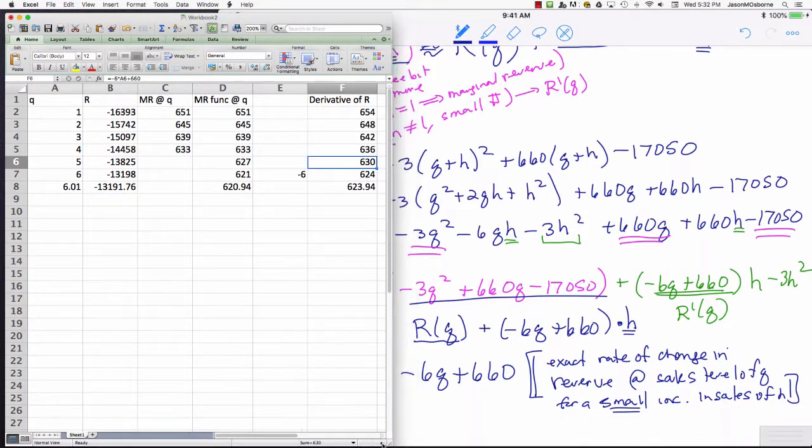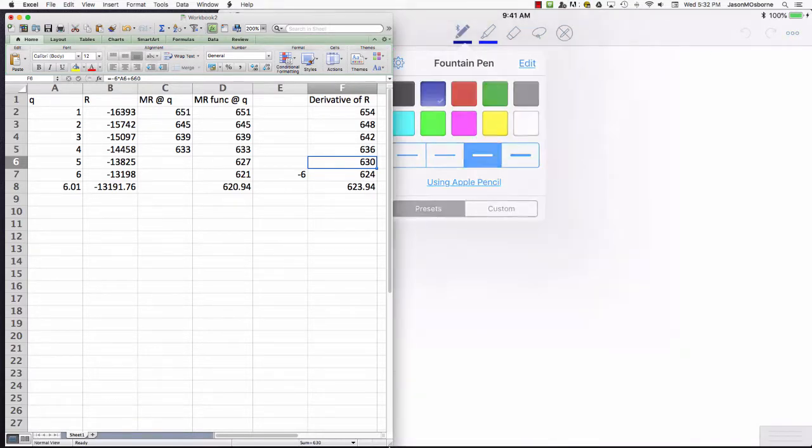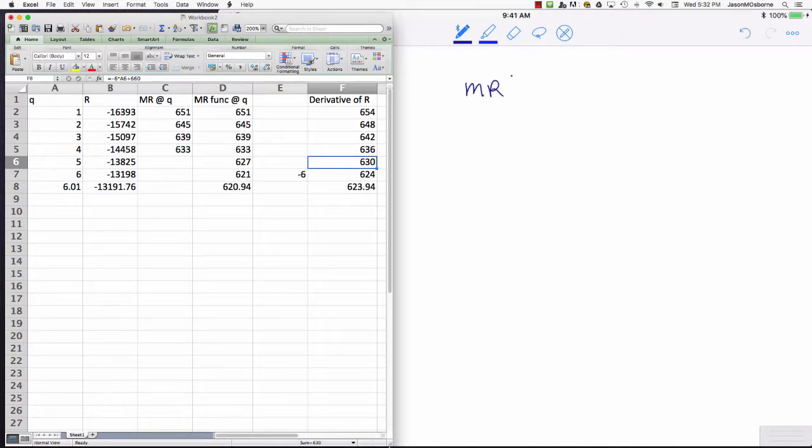So if we're looking at this problem, what we're finding here is that the marginal revenue function is close to the derivative function.